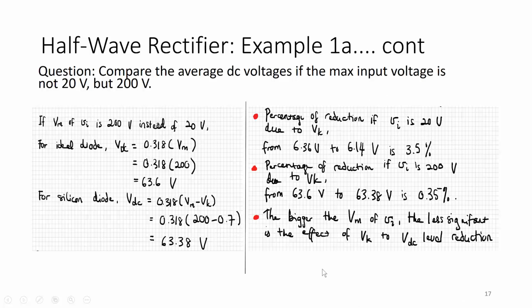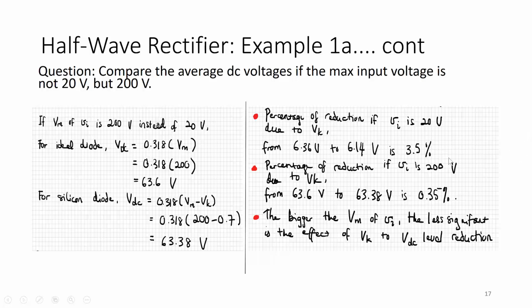Just now we calculated for 20 volts, and we got 6.36 for the ideal diode and 6.14 for the silicon diode. So when you consider the 0.7 volts voltage drop, there is a drop of 3.5% of the average DC value.